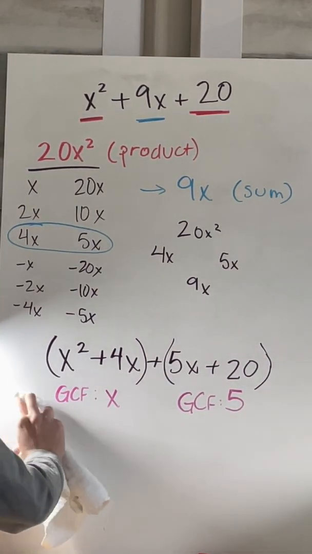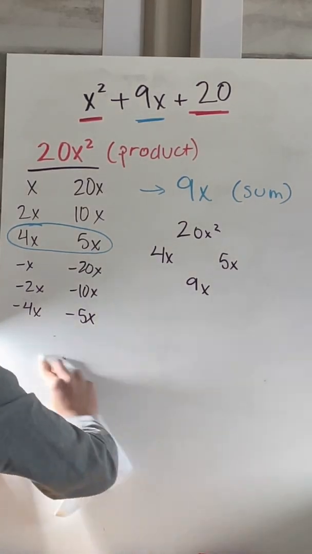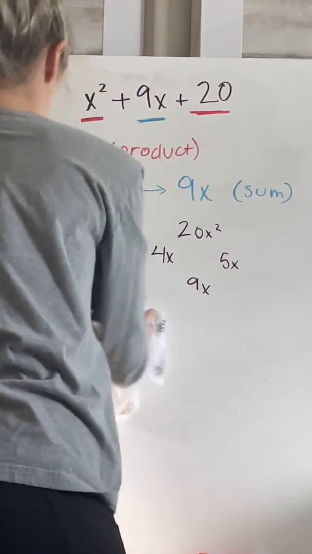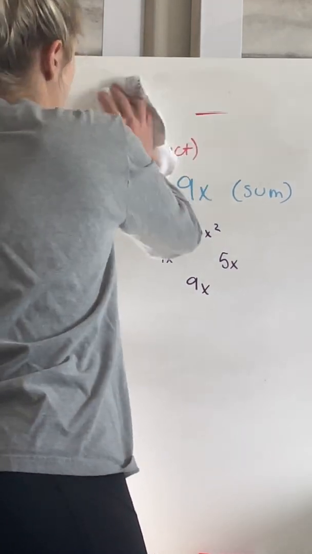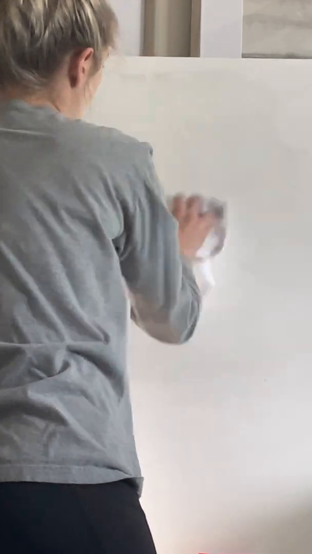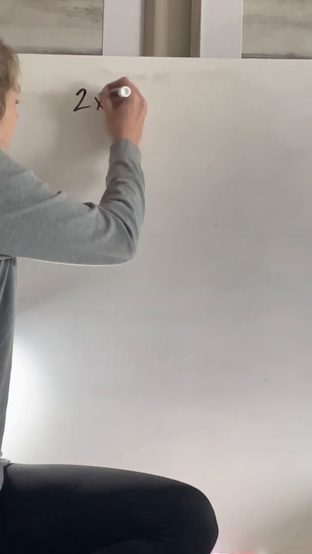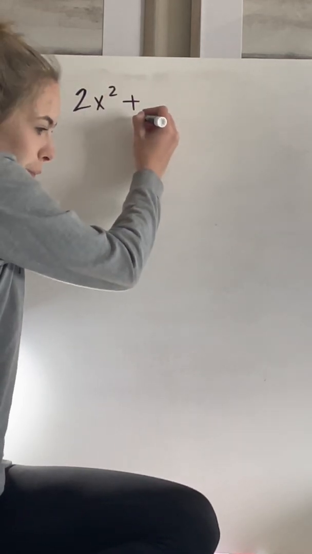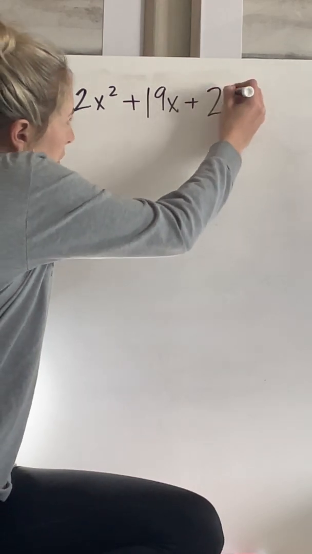So same steps, just a different expression. Okay, so our new one is going to be 2x squared plus 19x plus 24.